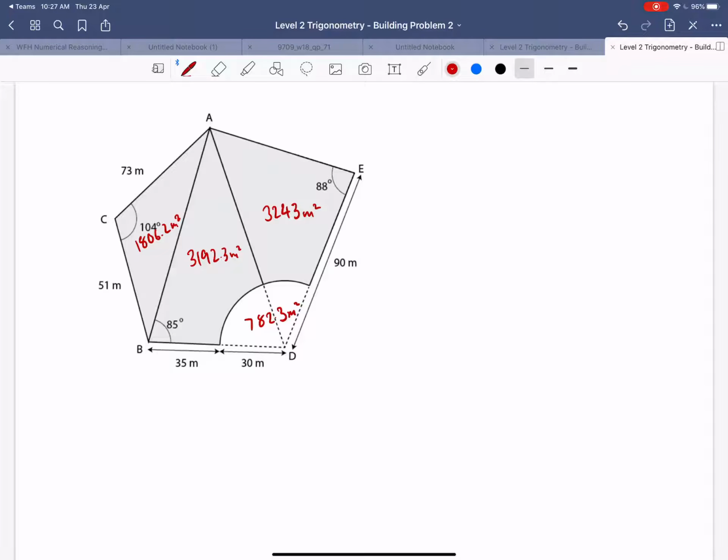Okay. So the three triangles are added together with the sector taken away.